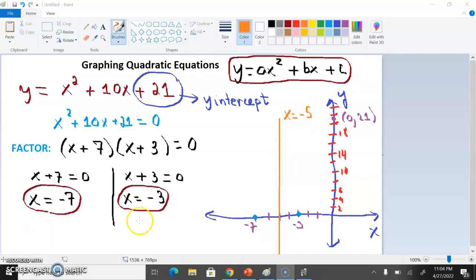Okay, so now I don't know how low this parabola is going to go down before it turns up again. We know it's going to open upward because a is positive. a is equal to 1. But I think I should be able to find out how low this parabola goes before it turns up again, because I know what x is.